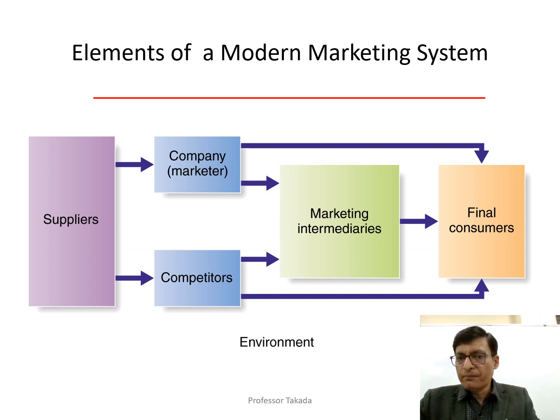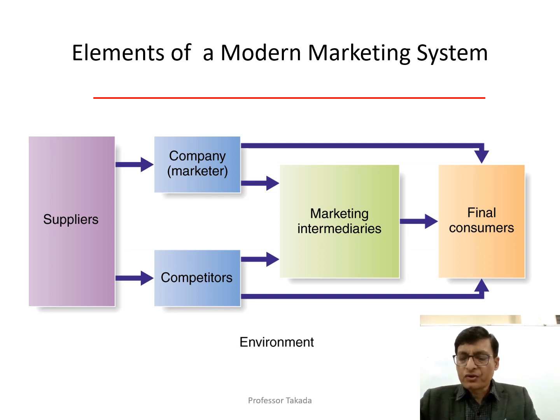And second and most important is marketing intermediaries. Who are the marketing intermediaries? These are the middlemen, or we can say they are the link between the company and the consumers. Through these marketing intermediaries, consumers get their products. So we can define marketing intermediaries as the middlemen who act as a bridge between the organization and the customers.